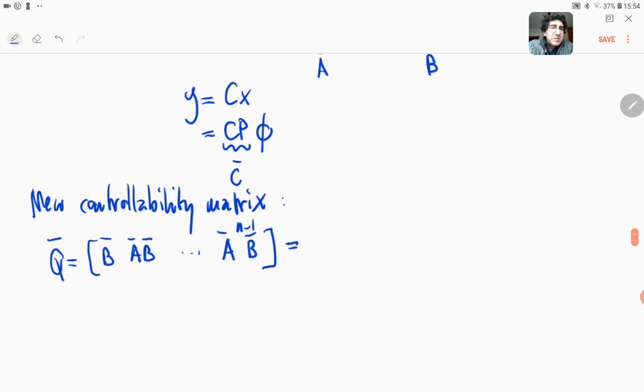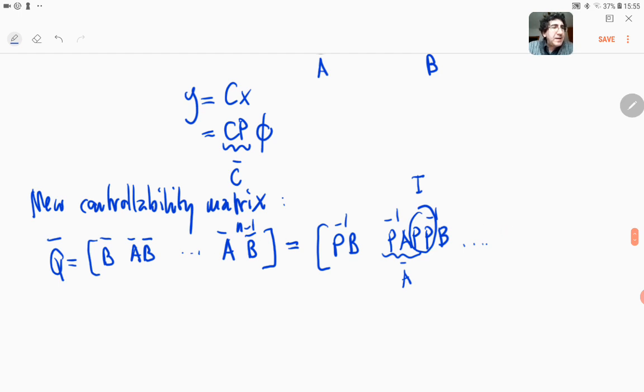Now if I expand this, I know what B bar is. B bar is equal to P to the power minus 1 times B. A bar is equal to P to the power minus 1 A P. Now what happens here is that P to the power minus 1 times P becomes the identity matrix, and for the last part you have A bar to the power n minus 1.